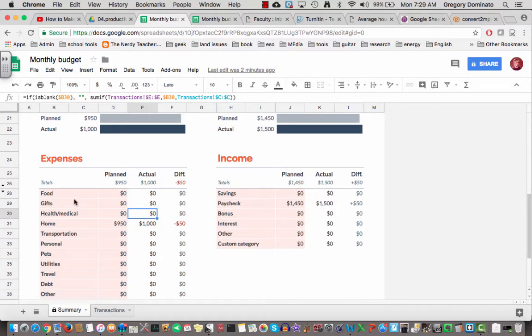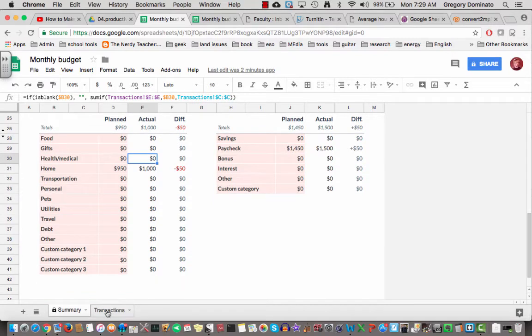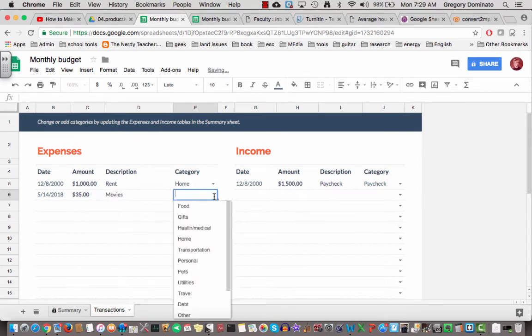So I'm looking at this summary sheet. There are these categories of expenses and these categories of income. If I actually want to track an actual transaction, I've got to come to this page here. So let's say that on May the 14th, 2018, I went to the movies, and it cost me $35 to go to the movies, and the category of that expense is, well, this category, I guess the closest one, the way these are lined up, is personal.